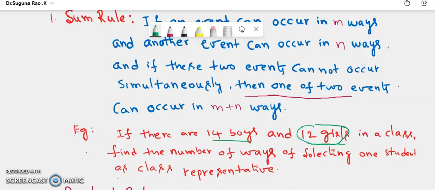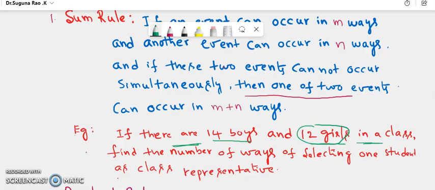Now we are going to find the number of ways of selecting one student as a class representative. Observe this problem: these two events cannot occur at the same time. So that's why we are going to use the sum rule to solve this problem.